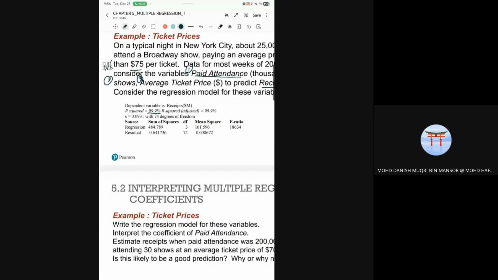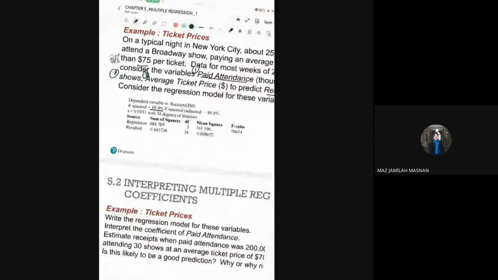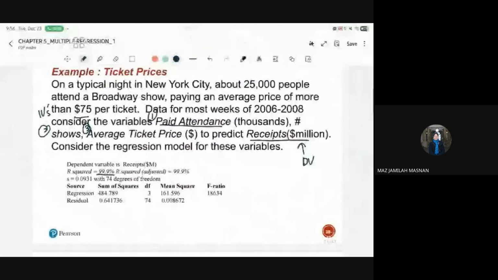Yes or no? Yes, correct. Okay, so having paid attendance, number of shows, and average ticket price means that we can explain 99.9% of the variation in the receipts.